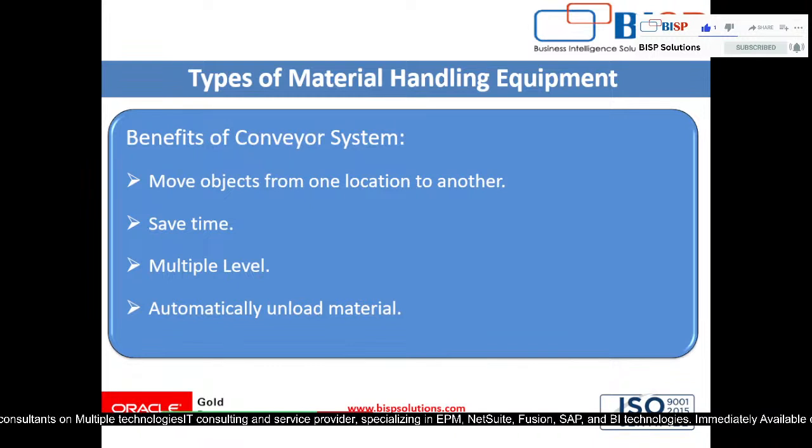They make it easier and simpler to move items up and down floors, right? The inclined belts can automatically unload the material, eliminating the need for someone to be at the opposite end receiving the item. So the material is unloaded automatically in this system, and we can perform this at multiple levels, right?